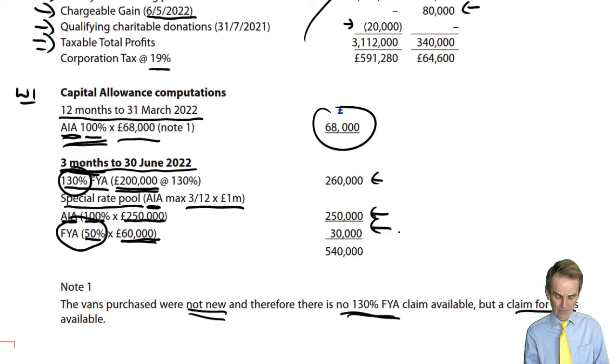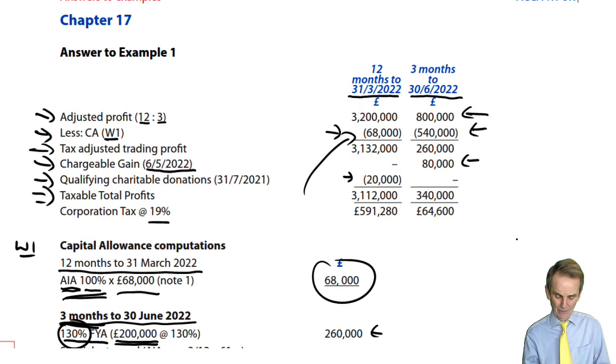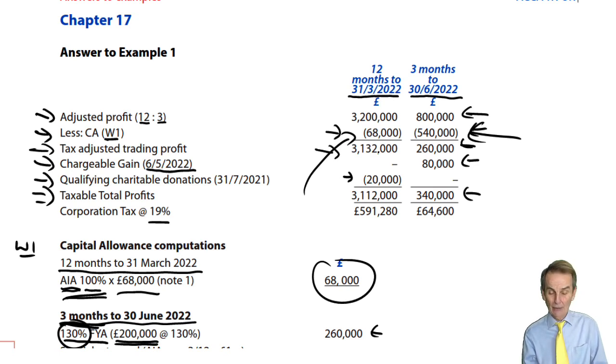For this period, hopefully additions are correct, it's 540,000, and again, deduct from your trading income. Add to the trading income of the 3-month period the capital gain made, and we have our TTP of 340,000. In relation to our £68,000 deduction of capital allowance from the trading income of 3.2 million, that should give us hopefully 3,132,000 as the tax adjusted trading profit, away from which will come our qualifying charitable donations.